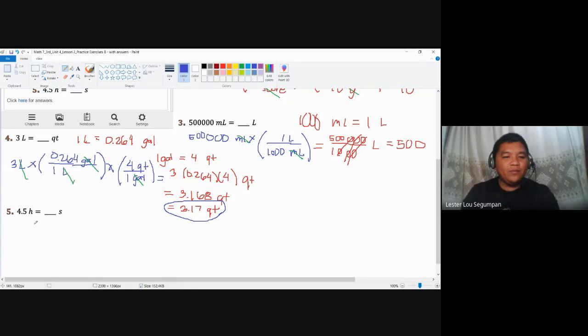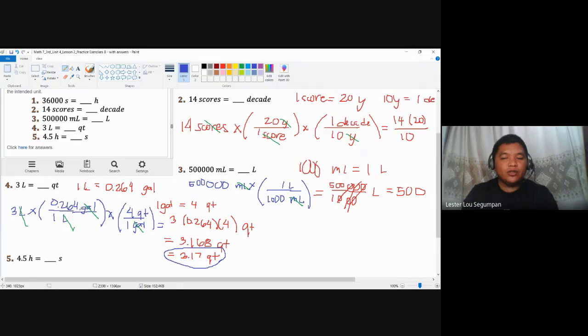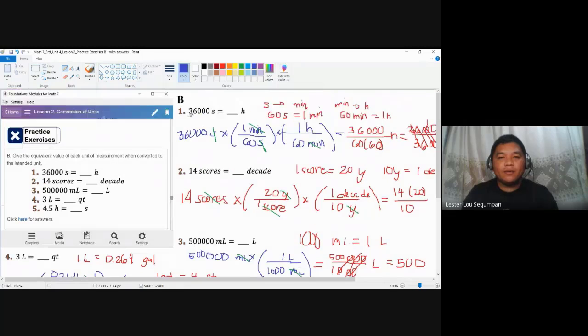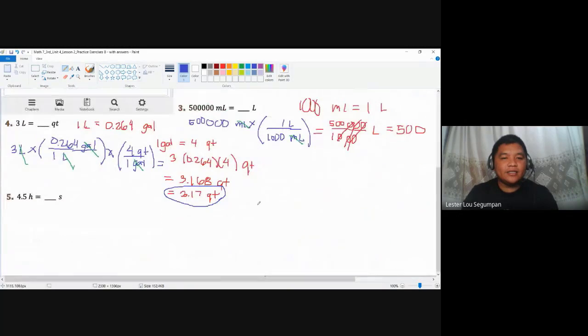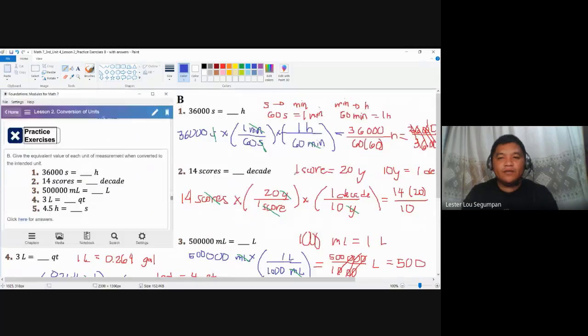So for number 5, we go back to the measurement of time. So we have hours to seconds. It's a reverse process of item number 1, seconds to hours. Now in number 5, you have hours to seconds. So let's use the same conversion factors: 60 seconds to 1 minute, 60 minutes to 1 hour.